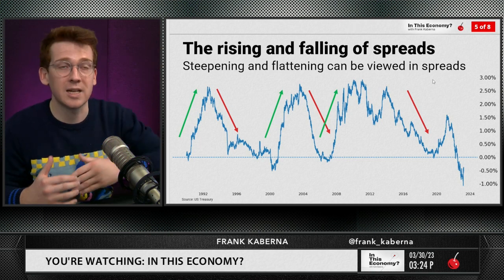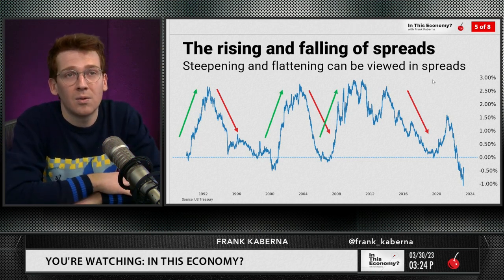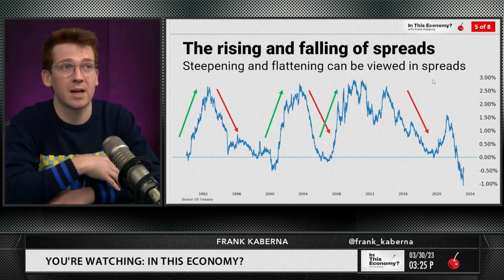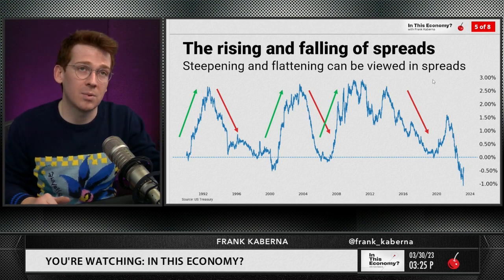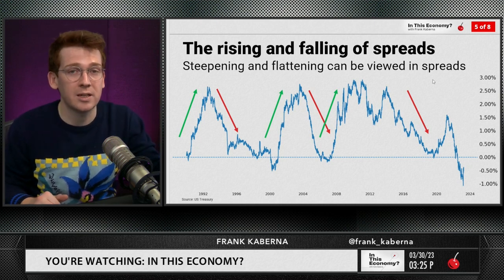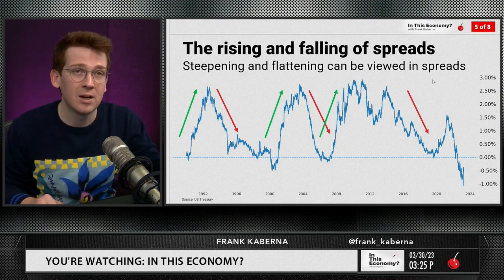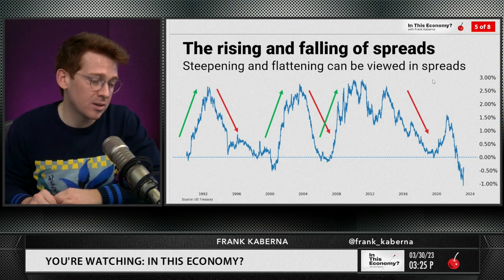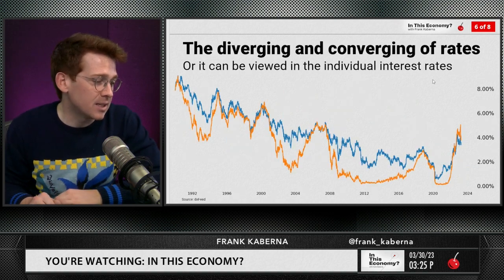As it falls down to being only 50 basis points, 100 basis points on top of the 2-year, no difference between the 2-year, that is flattening on the way down. And you can see a lot of mean reversion here, a lot of oscillation around what's been an average difference of about 1 to 1.5% between the 10-year and 2-year. And obviously we're at the extreme to the downside.